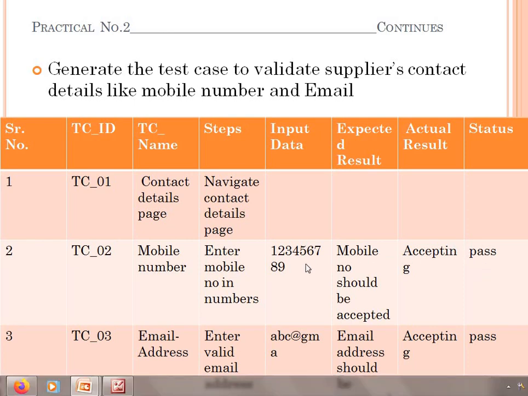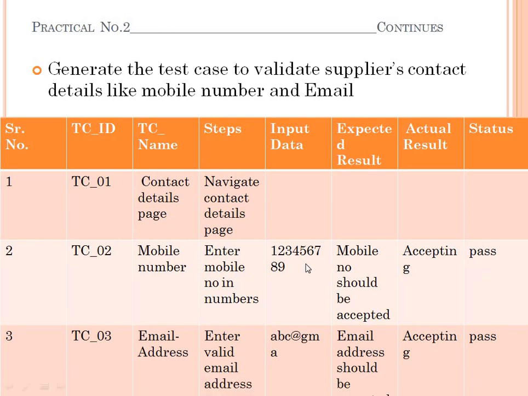We only enter 9 digits, because the mobile number is 9 digits. The expected result is that the mobile number should be accepted. If the actual result is accepting, then the status is pass.